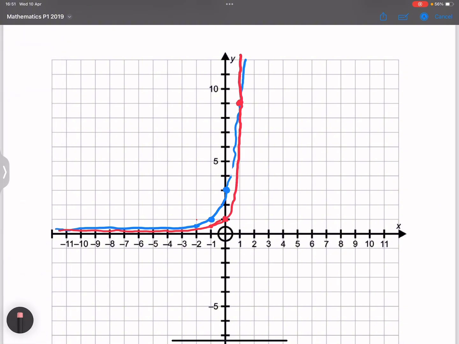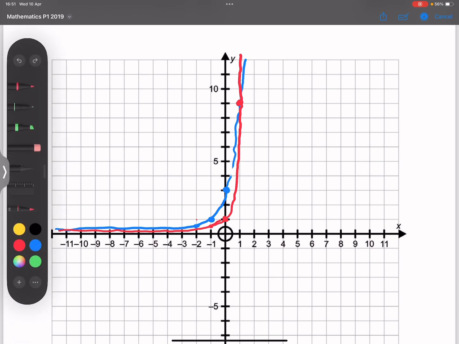Okay, so this would be f of x in blue. I seem to be making a mess there. I'm trying to replace those again. Right, so f of x in blue, and g of x in red. Okay, so I hope that you've got that.